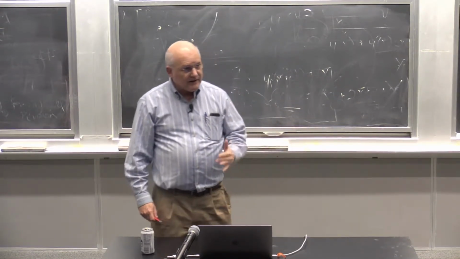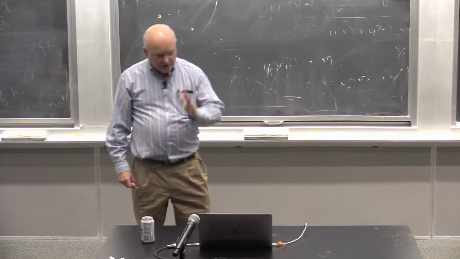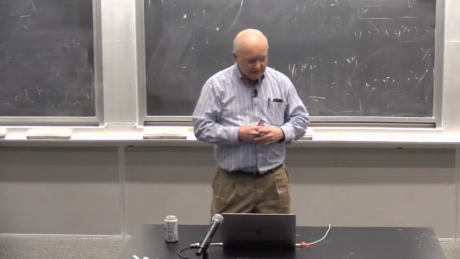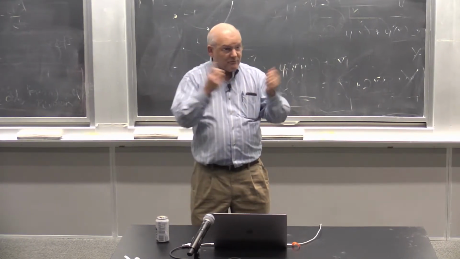Let's go back a little bit and recall in this class our discussion of determinacy races. Remember, a determinacy race occurs when you have two logically parallel instructions that access the same memory location, and at least one of them performs a write. Okay? So mutex locks can guarantee that critical sections behave atomically, but the resulting code is inherently non-deterministic, because we had a race there, right?